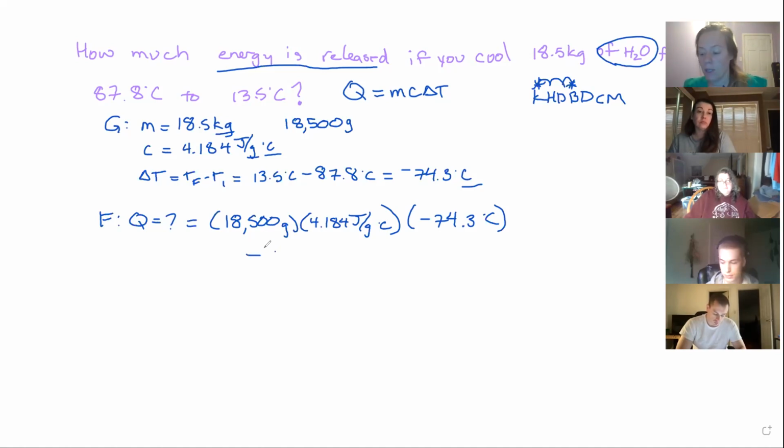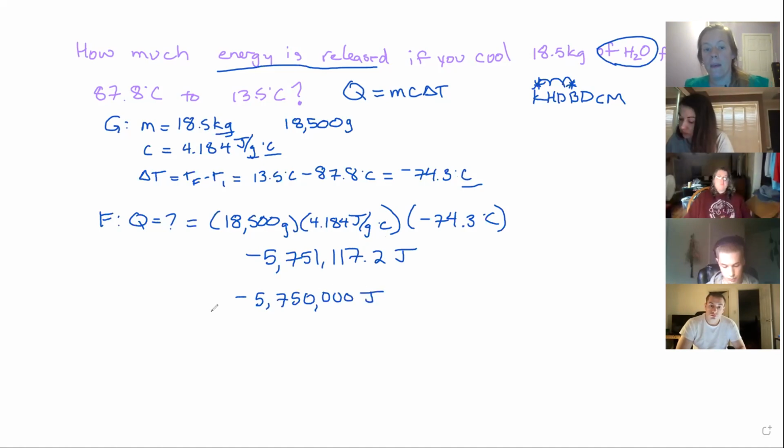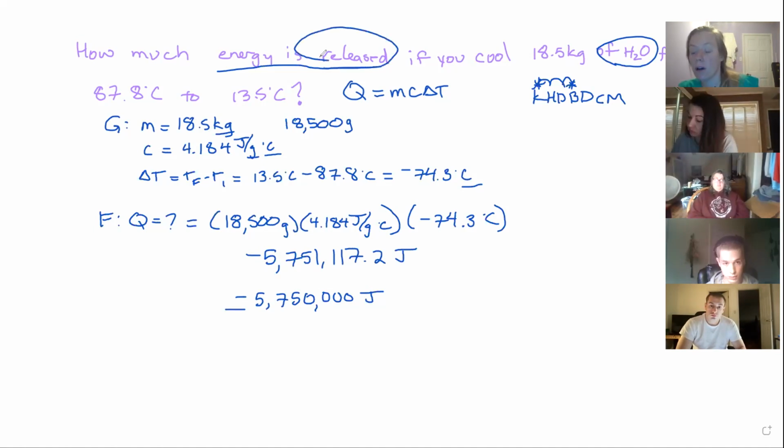Negative 5,751,117.2. The units on this is joules. We want to round to 3 sig figs, right? 1, 2, 3 sig figs. So negative 5,750,000 joules. The negative infers that the energy is being released or given off.